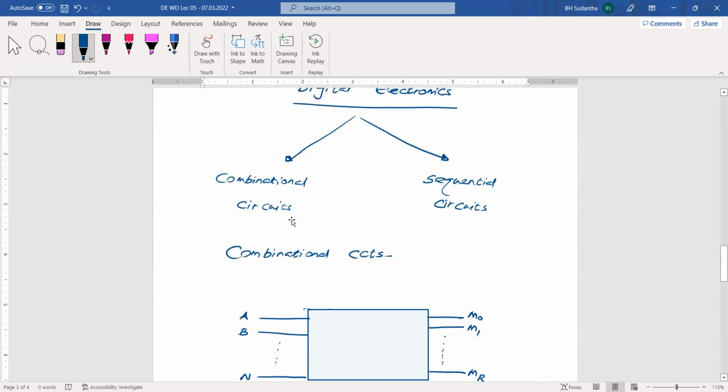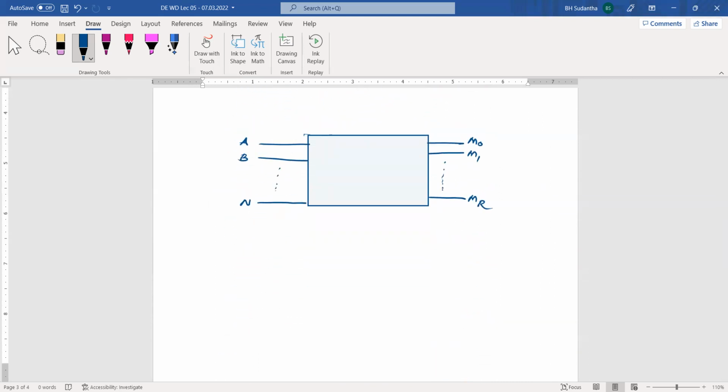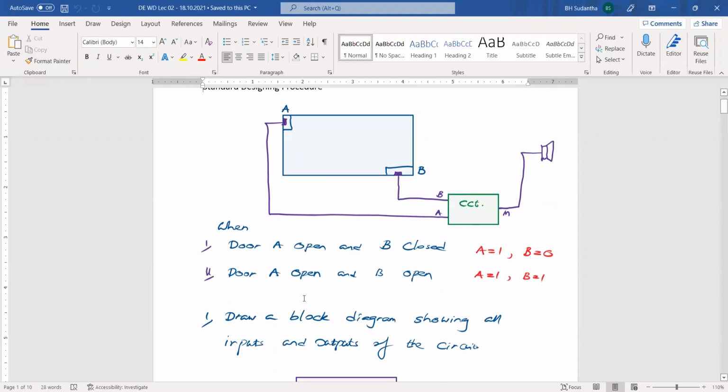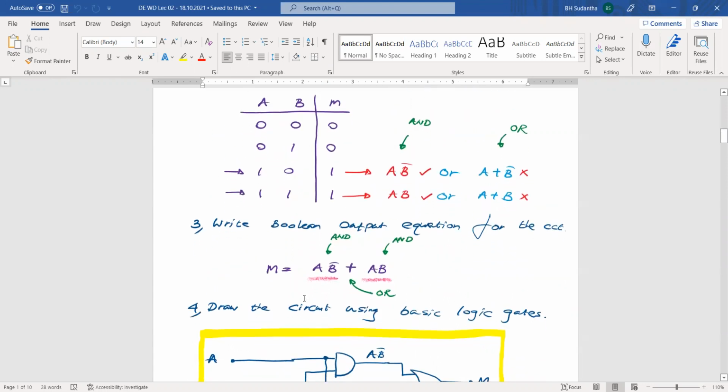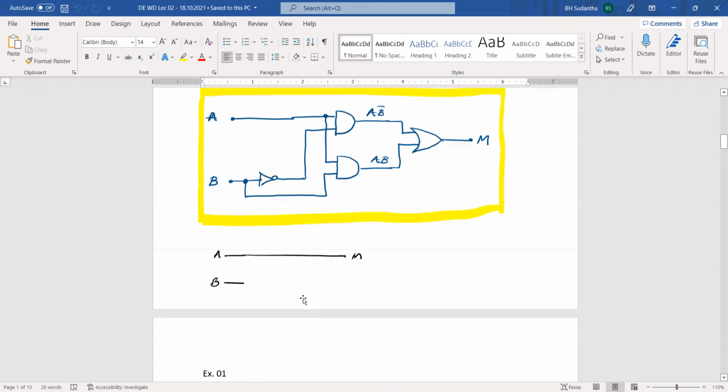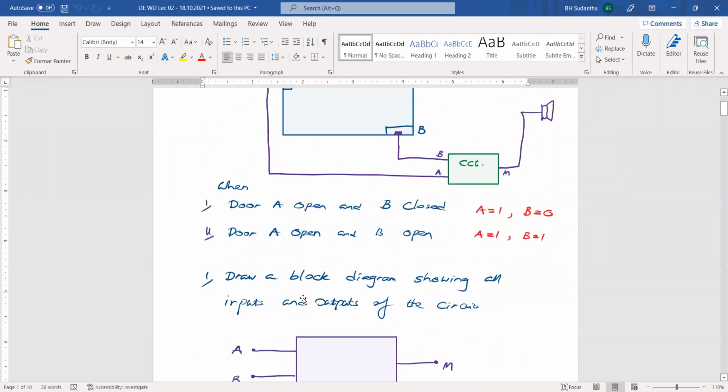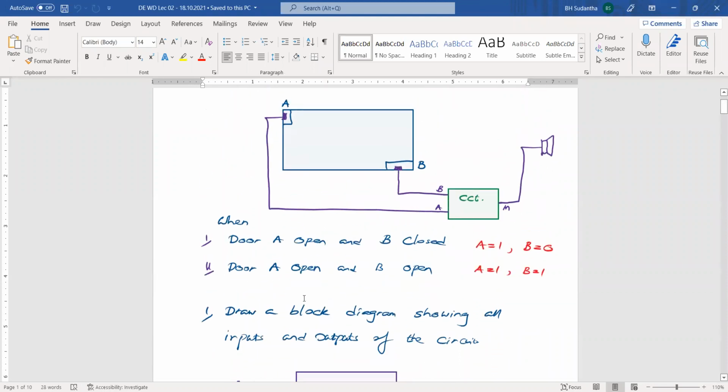Shall we go back to our previous notes? This is our first circuit.